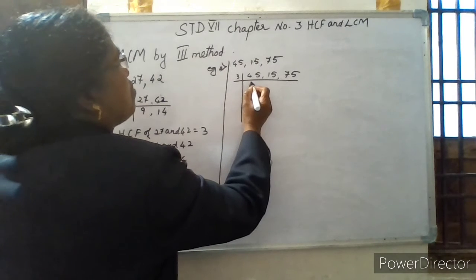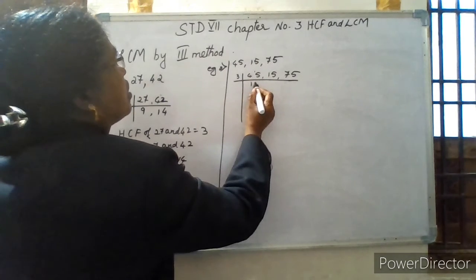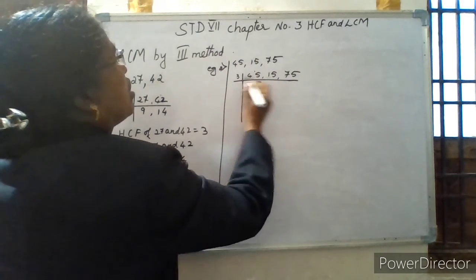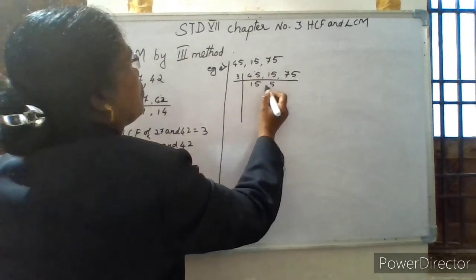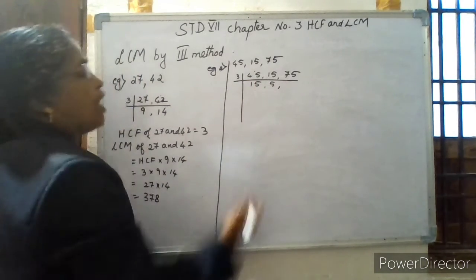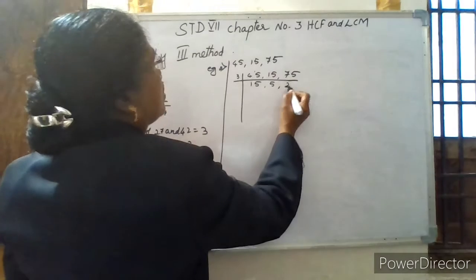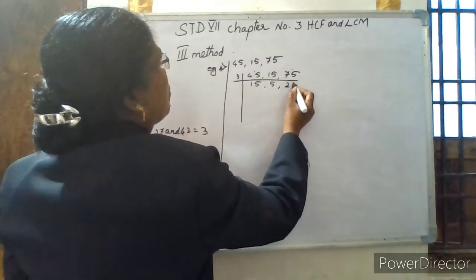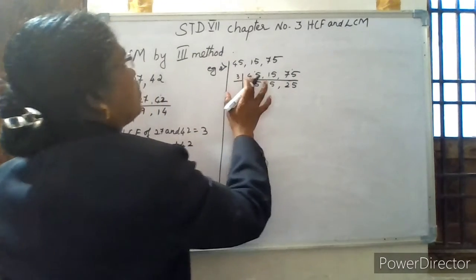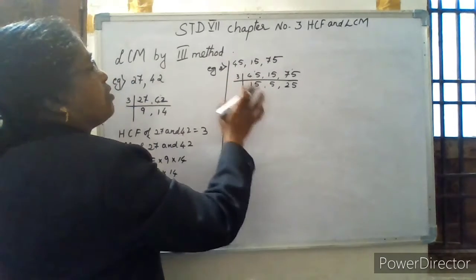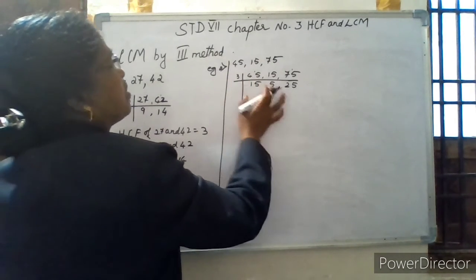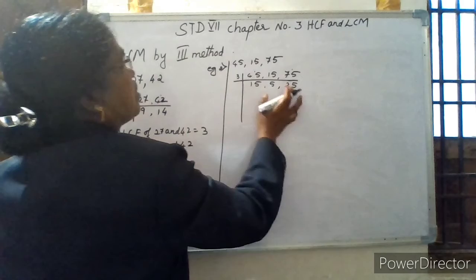So after dividing, 45 divided by 3 is 15, 15 divided by 3 is 5, and 75 divided by 3 is 25.